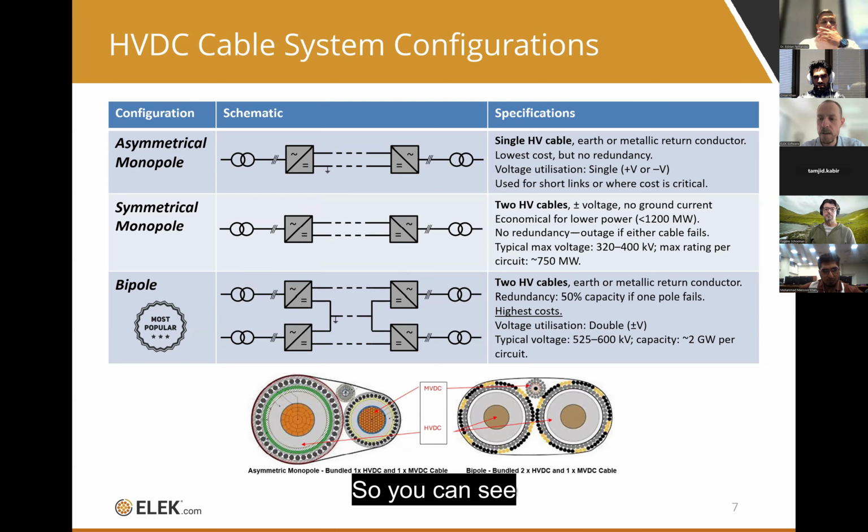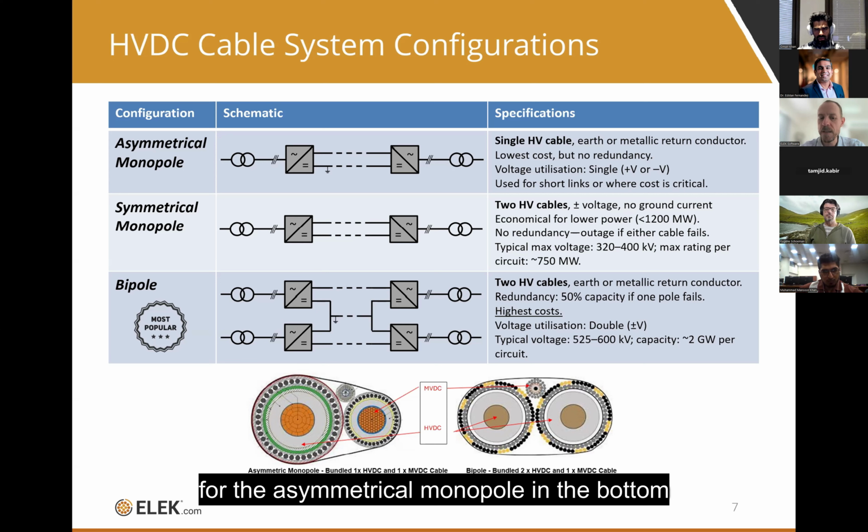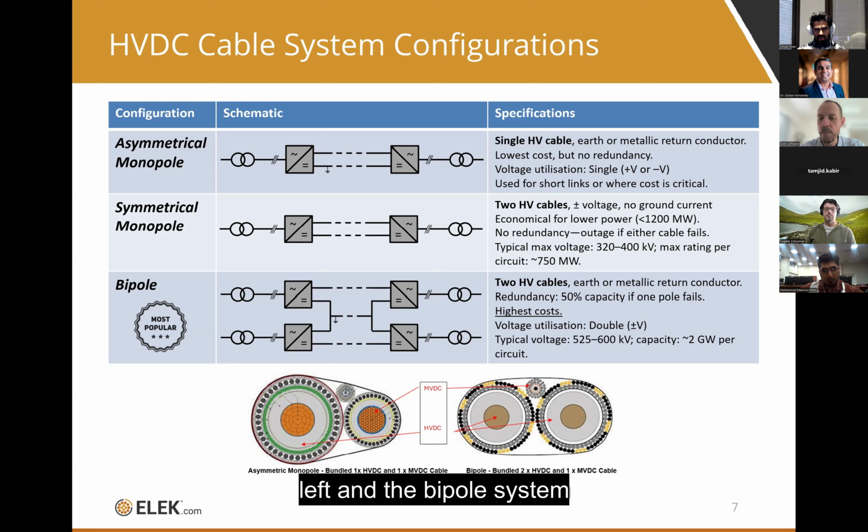So you can see in the bottom, there's examples of the required HV and the earth return conductors for the asymmetrical monopole in the bottom left and the bipole system in the bottom right.